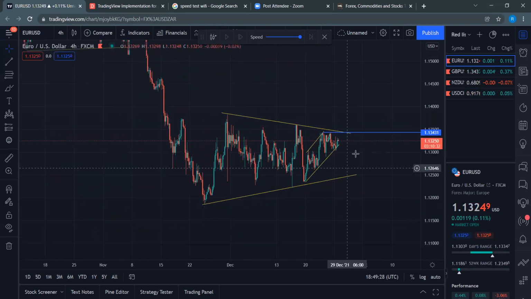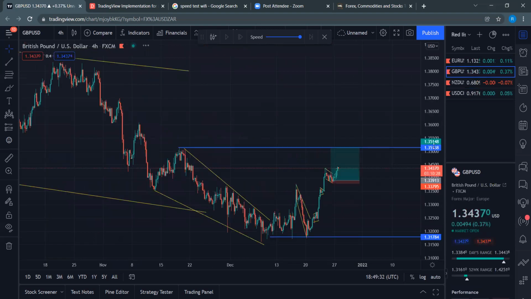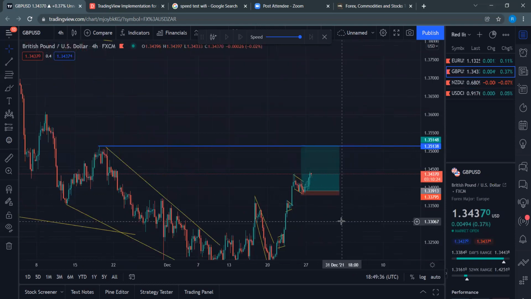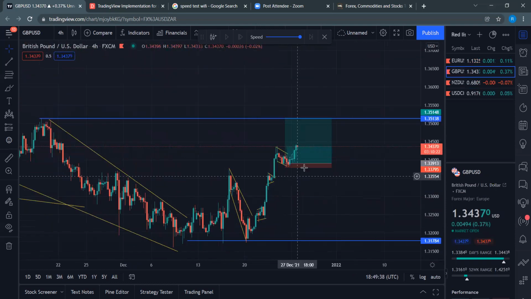We're just waiting for this to break to the downside. Then we have GBP USD. This was the setup that I did yesterday on GBP USD. So already, you see, it's just a continuation of what's already happening.